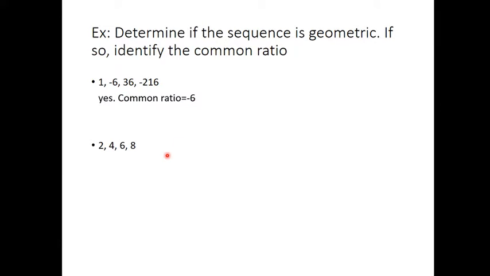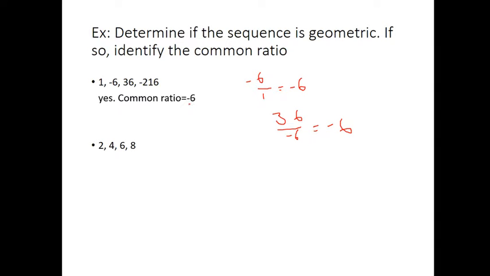Okay. So what you can do, you can divide. So if I want to find the ratio here, we can divide negative 6 by 1, and that's going to give you a negative 6. Or you can divide 36 by negative 6, and that's going to give you a negative 6.